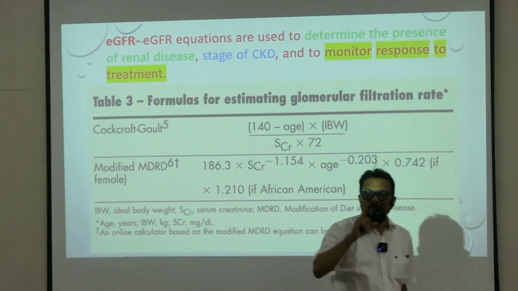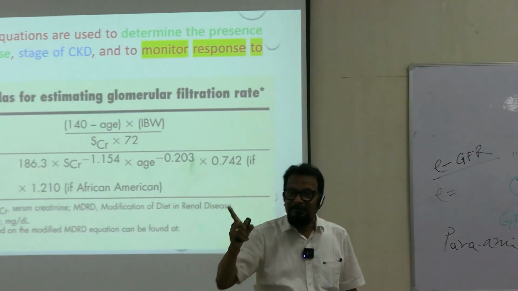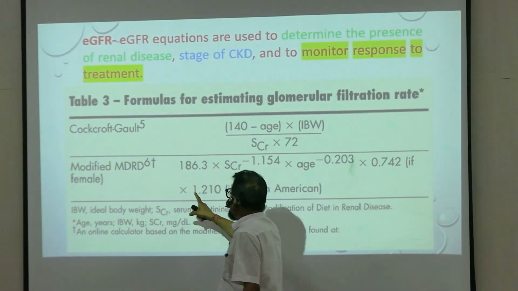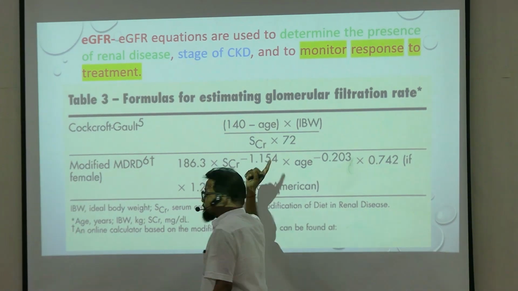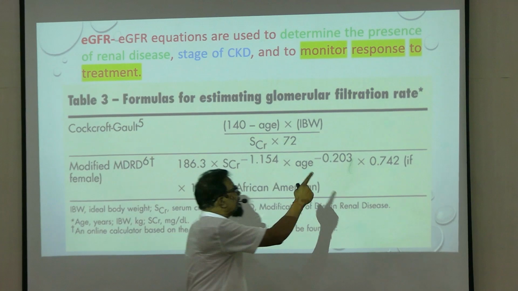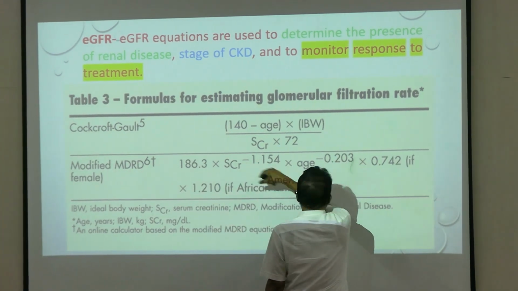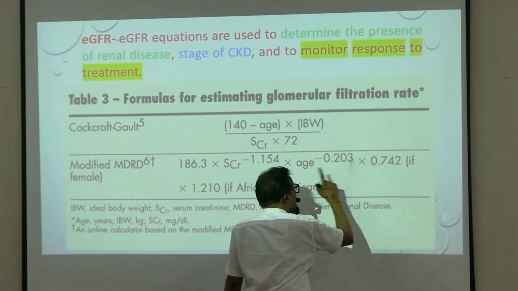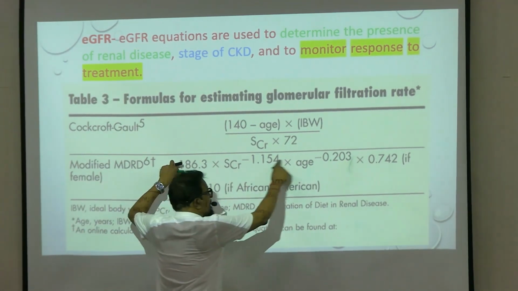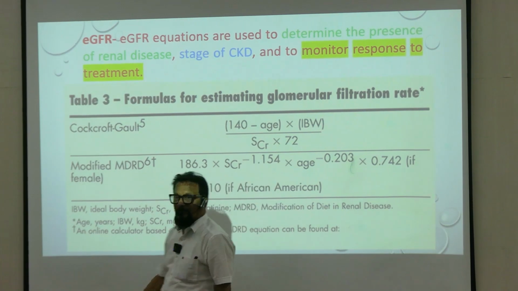If the patient is African American, then you have to multiply with another factor, that is 1.210. So in India, there is no question of this, and only if female, you have to multiply this value with this, and if male, no need of multiplying it. So in this way, from this equation, you can get eGFR.